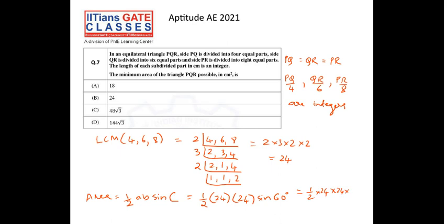Simplifying this, we get half into 24 into 24 into root 3 by 2. 12 into 12 is 144 root 3. So the option is D. The correct option is D.